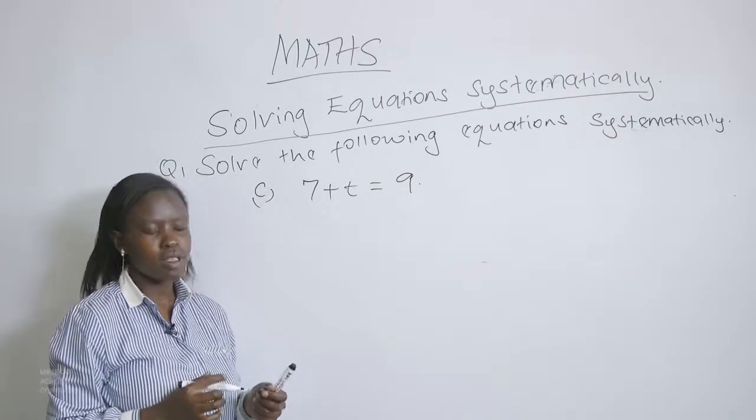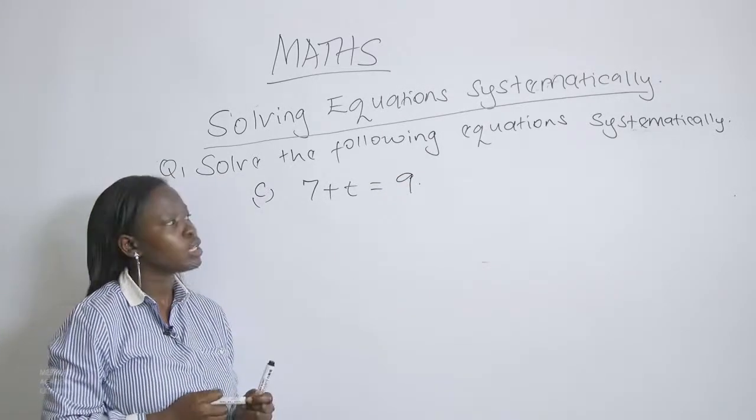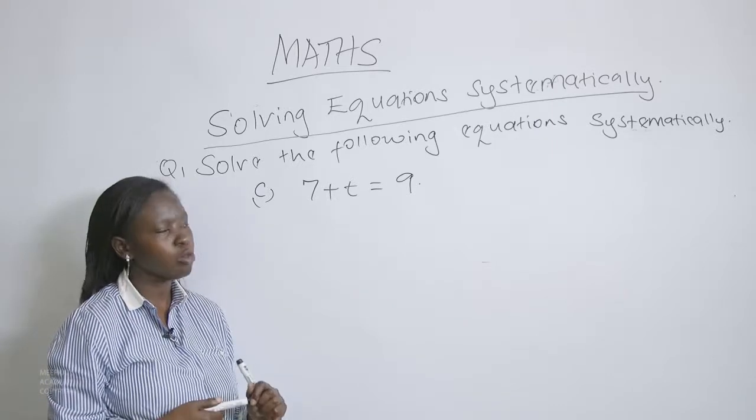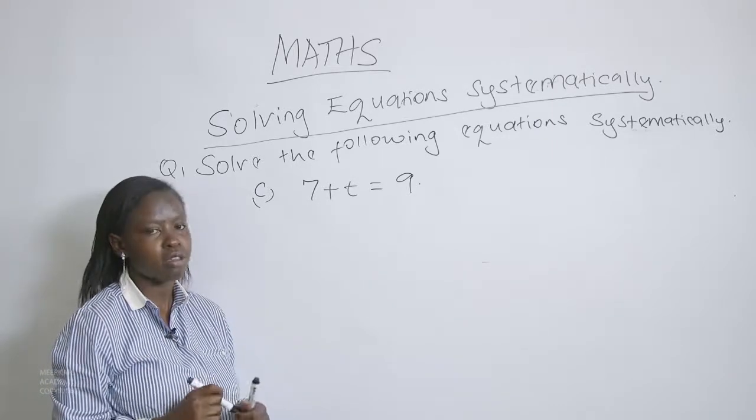Seven plus t is equal to 9. We need to get the value of our unknown, which in this case is t.